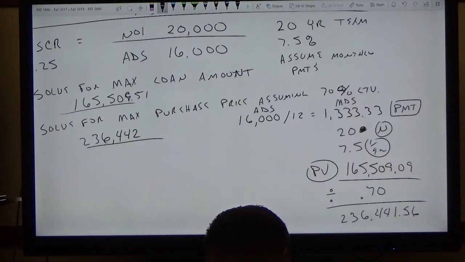So how far along in the process are you getting this? When you're in the shopping phase, you should already have a set of lenders that you're dealing with, so you have a ballpark idea of what the range is.